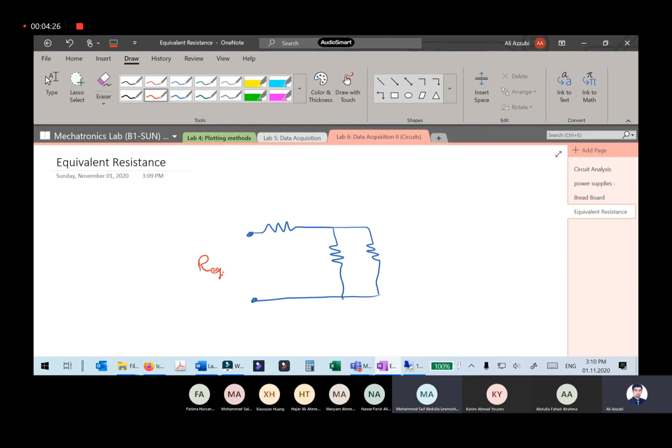So you see R equivalent from here. Now from here to the right, it can be anything: a motor, a lamp, a heater, a combination, whatever. Here I know these components, so I can do it analytically.